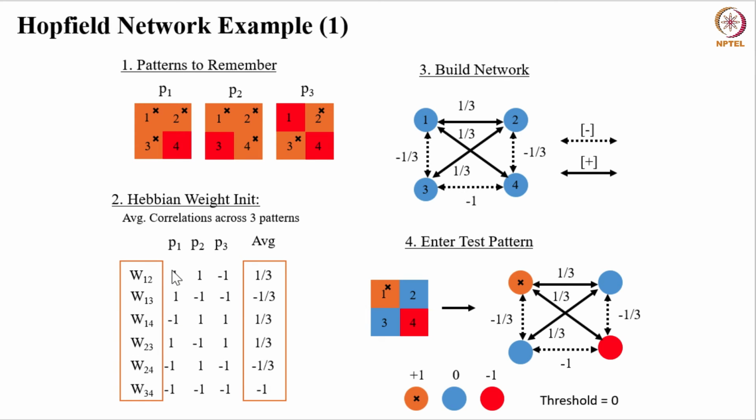This kind of procedure you can go through for all these combinations of the first pattern, and then you do the same for the second pattern, and the third pattern, and then you get for each weight a row, and then you take the average of the figures for the various patterns, and then you get a column with averages. And actually these averages are the initial weights we will use.